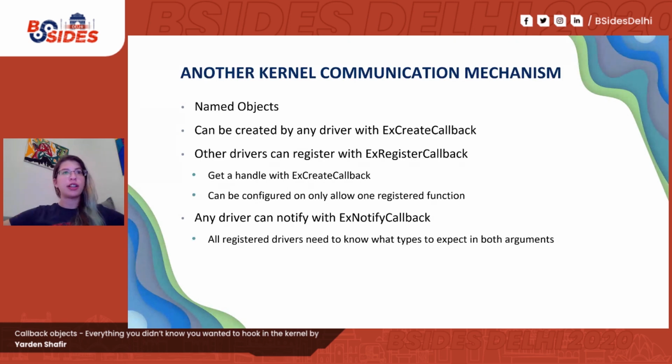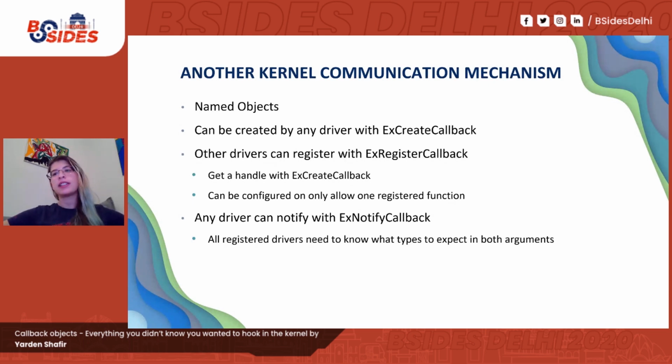For example, if your product has 2 or 3 or 4 different drivers that want a way to pass information to each other, you can create internal callback objects, have all your drivers or some of them register for those, and any of them can notify the others to pass any kind of information you want. Callbacks, when notified, receive 3 arguments, 2 of them controlled by whoever is notifying it.